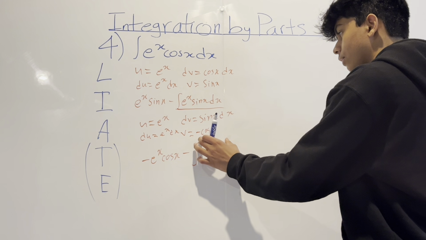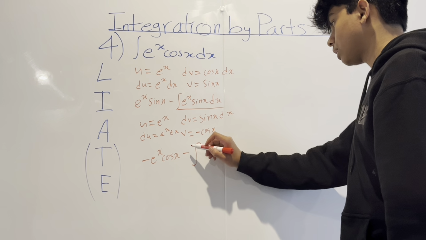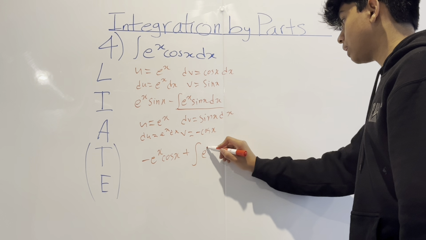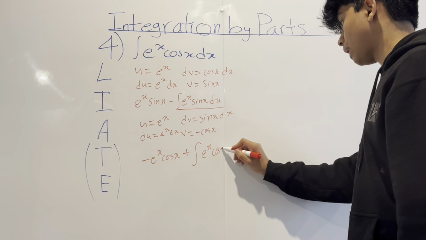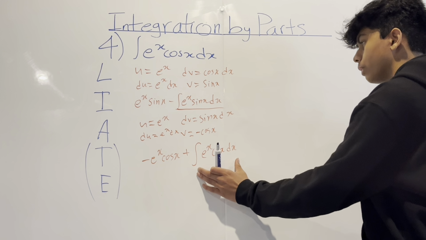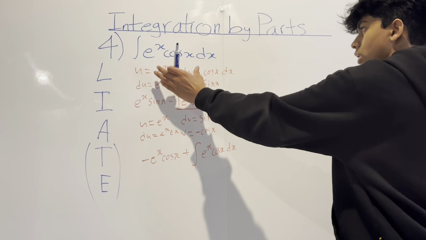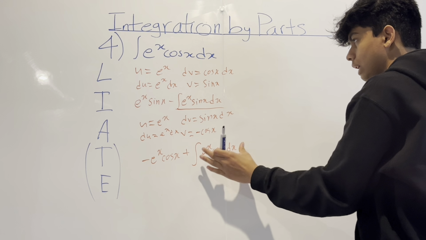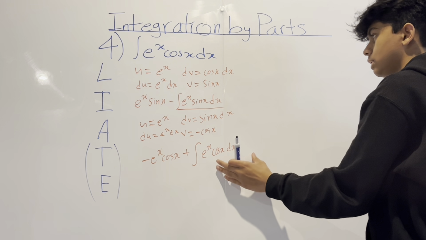Since this is negative cosine x e to the x dx, I'm just going to remove the negative and add it over here. So it's just going to be e to the x cosine x dx. Now we're back at our original function. Our original function is e to the x cosine x dx, and again, we have the integral of e to the x cosine x dx.